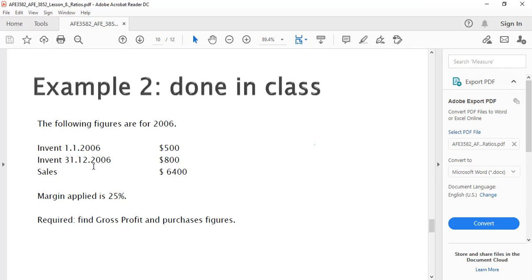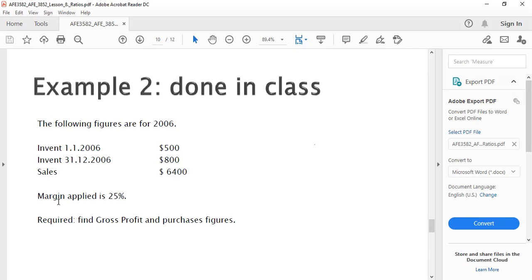Okay, so in this case, you are given your opening and closing inventory, your sales amount, and margin. You're asked to find your gross profit and purchases figures. Sales and margin can be used to calculate gross profit.